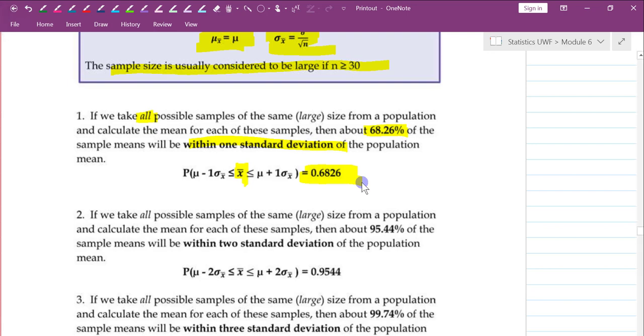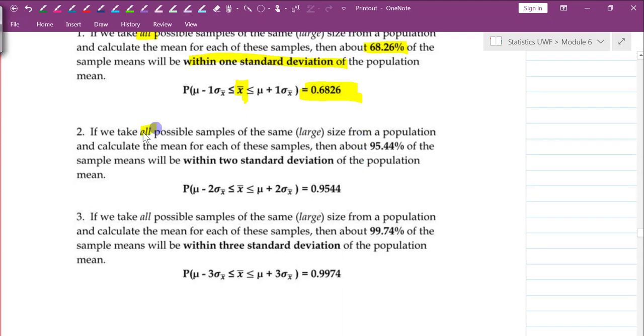If we take all possible samples, again, of a large size from the population, and calculate the mean for each of these samples, then about 95.44% of the sample means will be within 2 standard deviations of the population mean. Very powerful, very important. Last one.